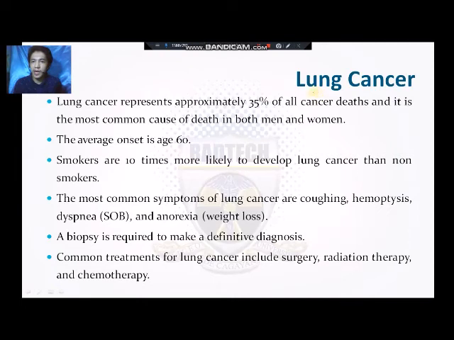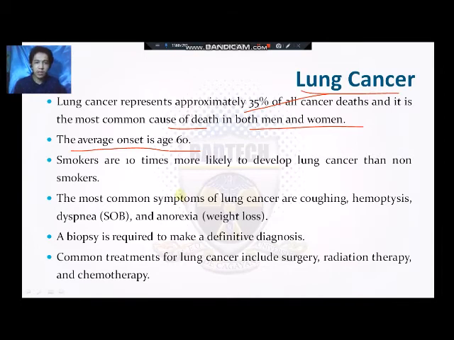Okay, so next we have lung cancer. Lung cancer represents approximately 35% of all cancer deaths, and it is the most common cause of death in both men and women. And the average onset is 60. So that means if you are 60 and above, the probability or risk factor when it comes to lung cancer increases rapidly.